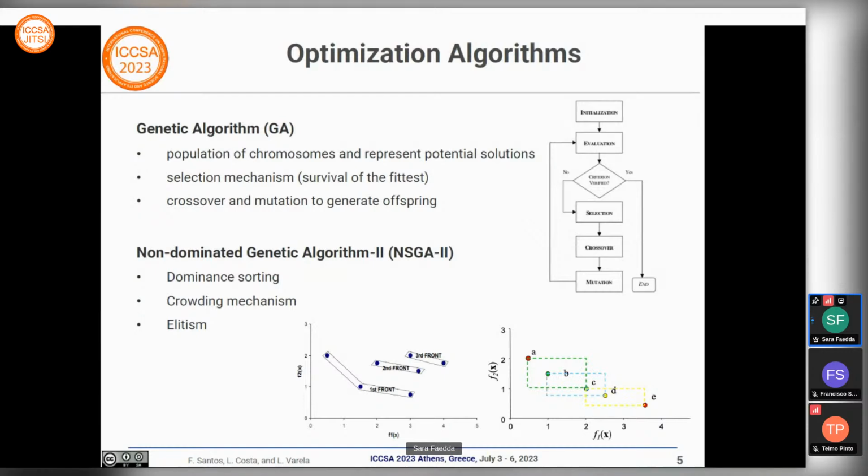This algorithm also uses a mechanism to assure diversity in the population and in the final approximation to the Pareto optimal front. Solutions that are in crowded regions of the objective space have a lower rank than the others. This is a very well-known algorithm, so I will skip the details.